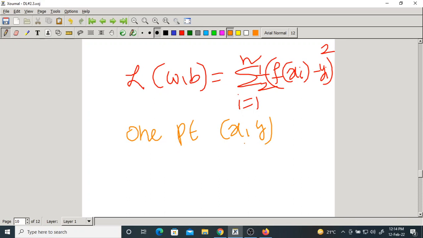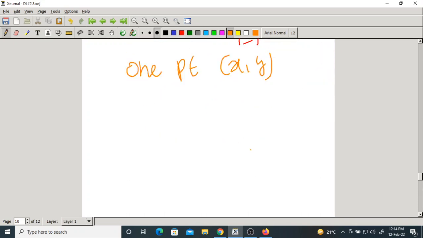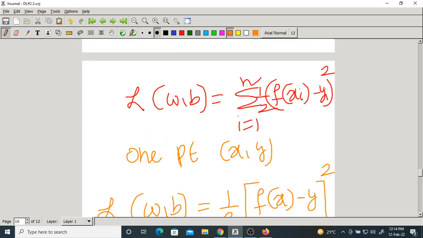So now my loss function would be simply 1 by 2 f of x minus y whole square, because the summation is not required, since n equals 1.